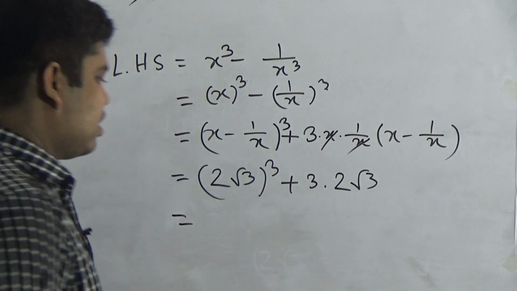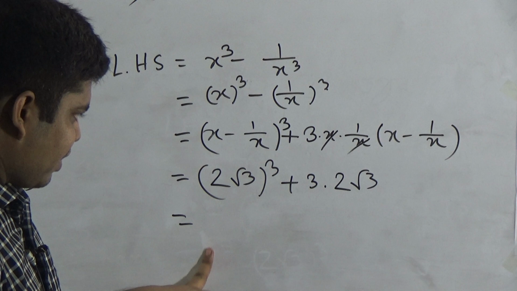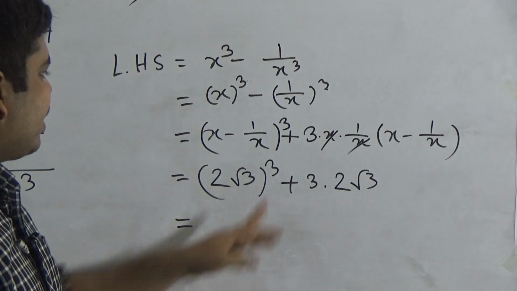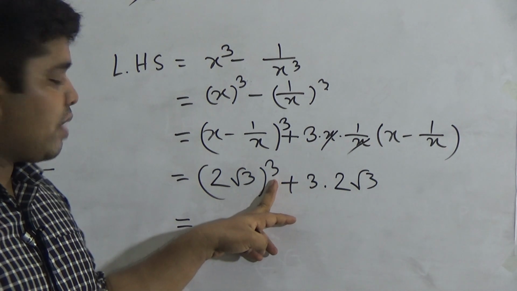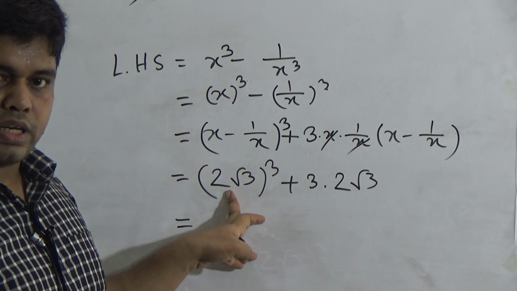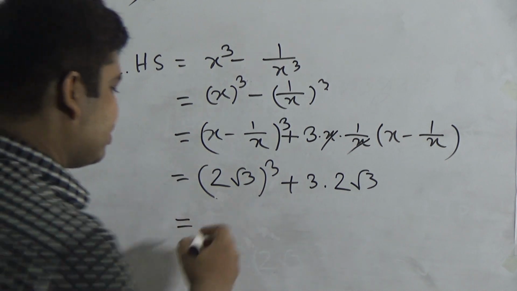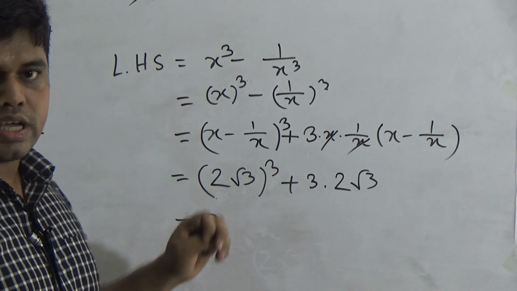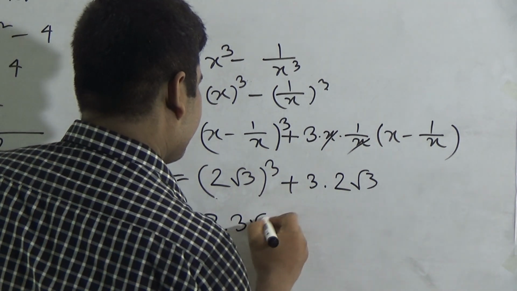Now notice we multiply 2 three times, that means 2 multiply 2 multiply 2, that means it will be 8 into root 3 into root 3 into root 3, that means it will be 3 root 3.